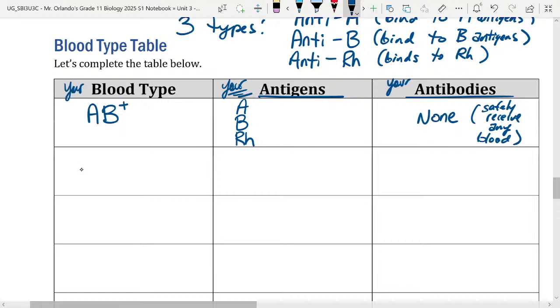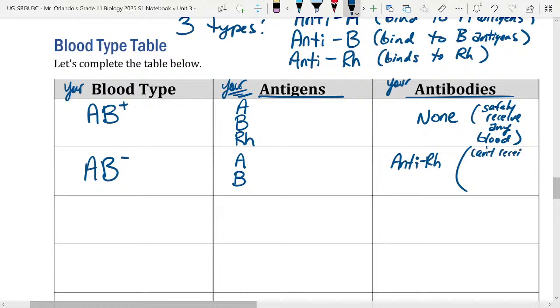Okay. What if you're AB negative? In that case, what antigens would be present on your blood? If you're type AB negative, the A antigen, the B antigen, would you have RH? No, because you're RH negative, which means what antibodies would your blood produce? What would it be on the lookout for? It would be on the lookout for anti-RH, which means who can't you get blood from?